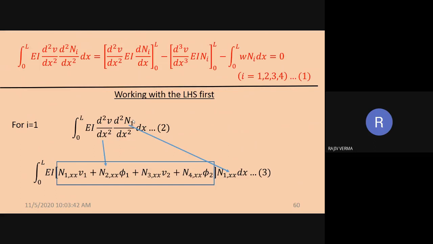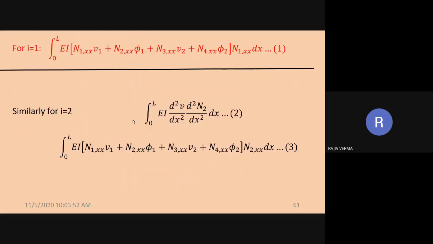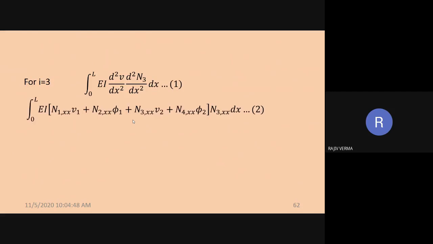So coming to the next equation for I to be 2, and then for I to be 3 and for I to be 4.